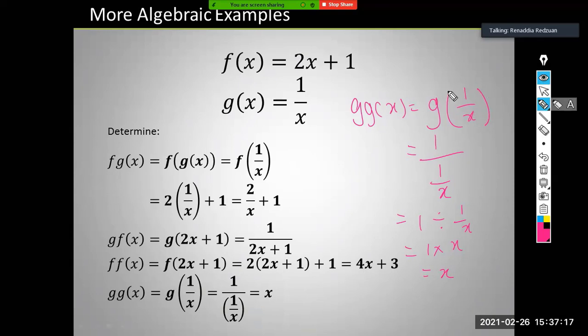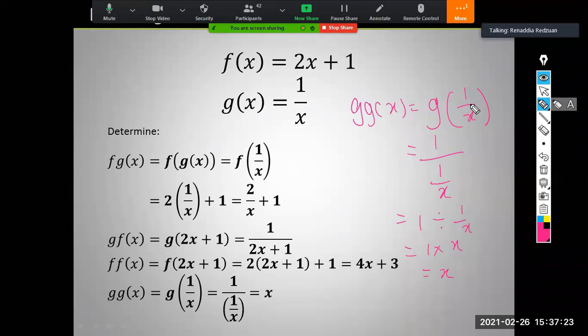Okay, you write like this, right? The first sentence. And then you need to apply this one more time into function g. Your function g is this one. So this x now you replace with 1 over x. So 1 over 1 over x. This one is equivalent to 1 divide 1 over x. So division of fraction, you need to change it to multiplication.